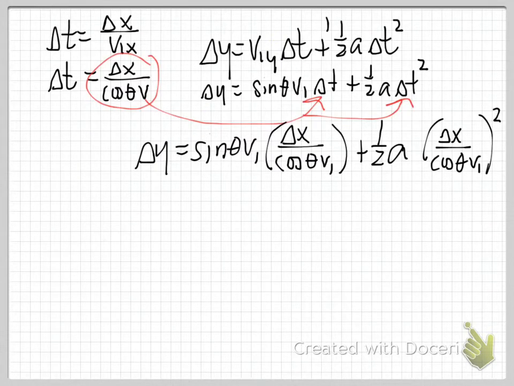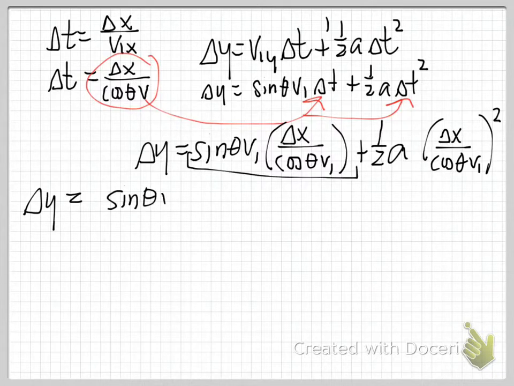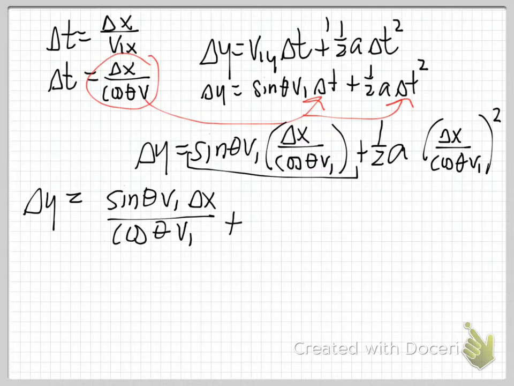So at this point, are we ready to solve, having theta? Let's plug in numbers and see what we get. Actually, there are ways to simplify this, too. Delta y equals, if we multiply this first chunk, sine theta vi delta x over cosine theta vi, plus, let's multiply this other piece across also.